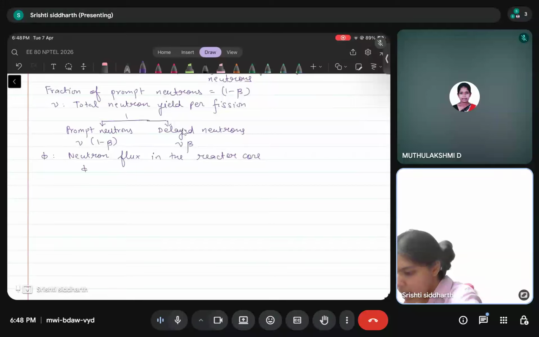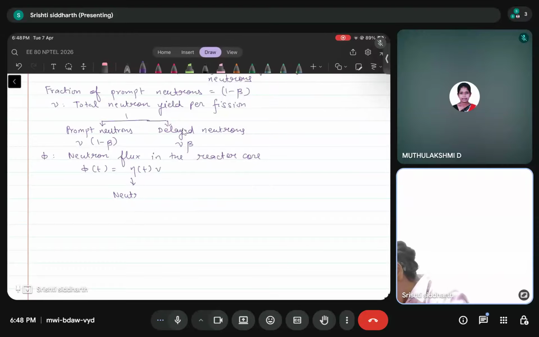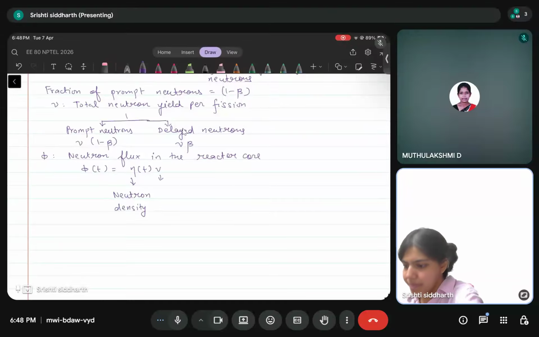Phi at any time t is eta of t times v, where eta is the neutron density and v is the neutron speed.